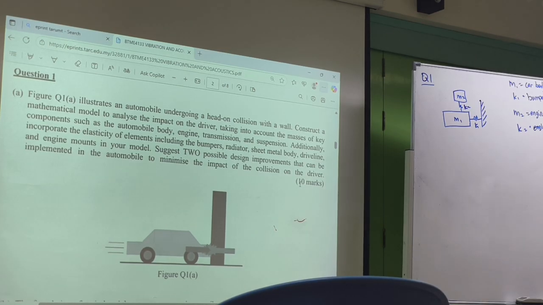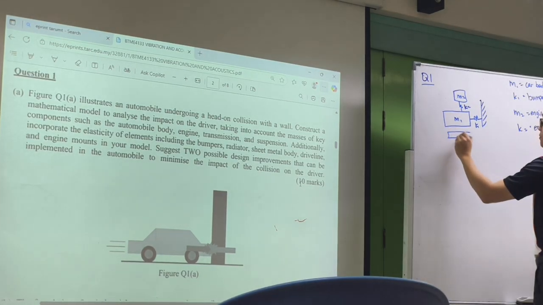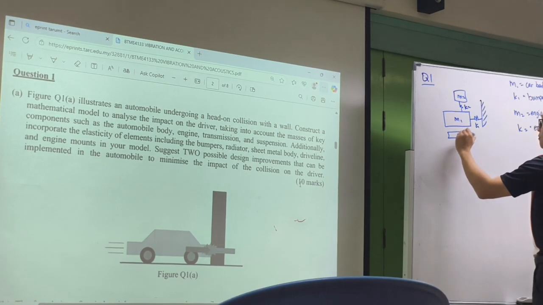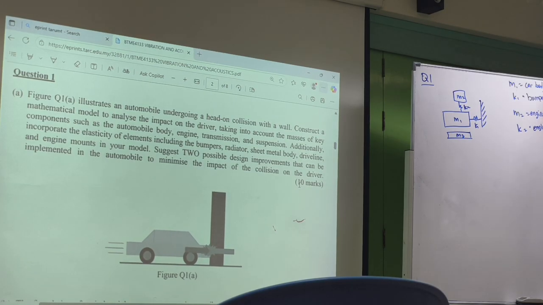Engine mount, engine, and then where do I put the transmission and suspension? Maybe M1 is the car body plus the transmission.